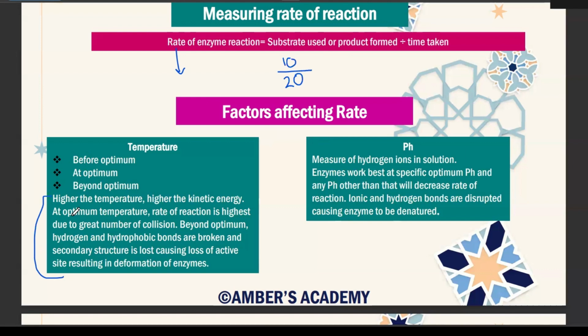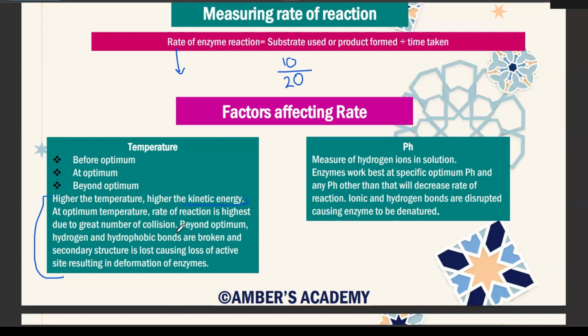So let's just stick here that as we increase the temperature, kinetic energy will also increase, and at optimum temperature, we are aware of the fact that rate of reaction is highest due to greater number of collisions, and collision is resulting from higher kinetic energy. Okay? So if you increase the temperature, you'll increase the kinetic energy, which will result in greater number of collisions.